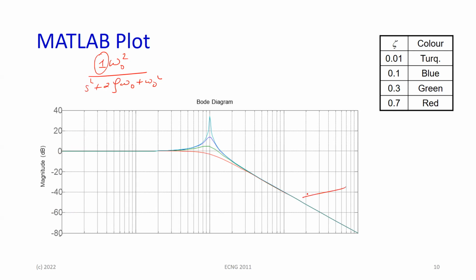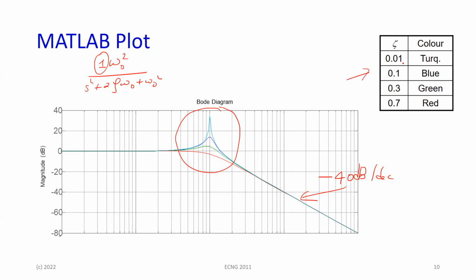As you go past the resonant frequency here, if you look at the graph, you'll see that because it's a second order system, it's minus 40 dB per decade. And look at what happens at resonance. This is the damping factor here in this little table.